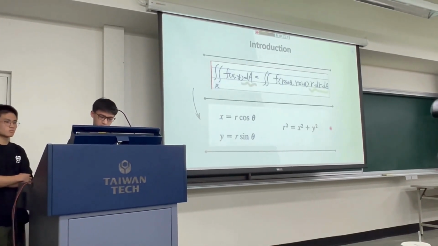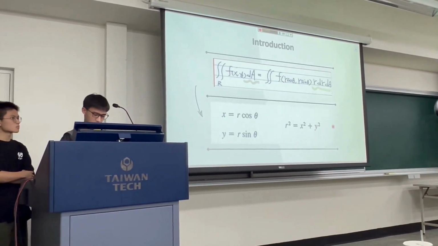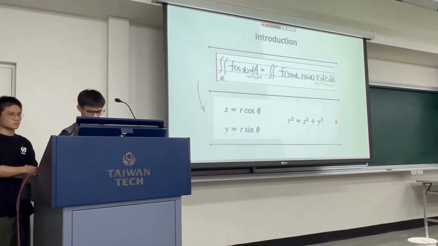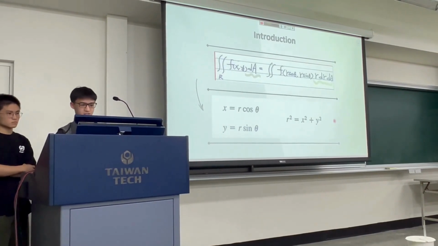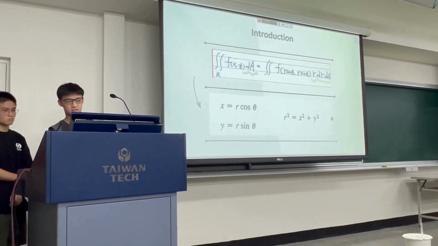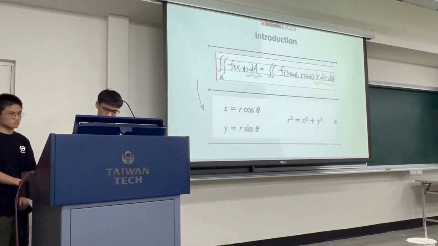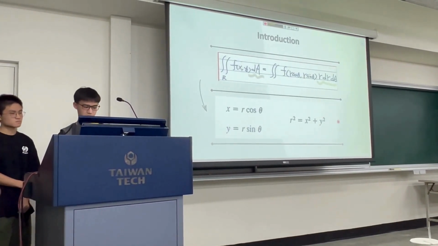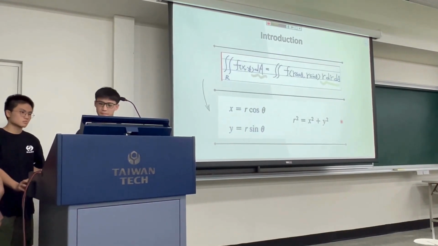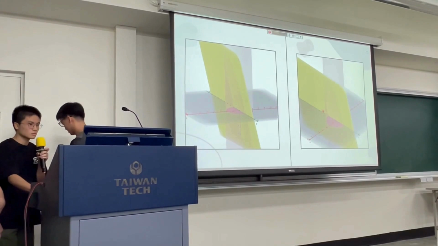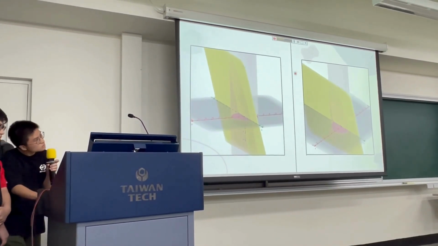And we turn the rectangular coordinates into polar coordinates, where x equals r cosine theta, y equals r sine theta, and dy dx equals r dr d theta. And we generate this diagram.